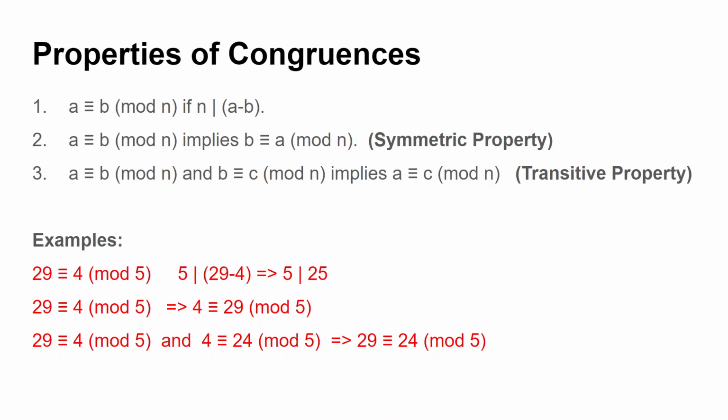For the symmetric property, 29 is congruent to 4 mod 5 implies that 4 is congruent to 29 modulo 5. Then an example for the transitive property: 29 is congruent to 4 modulo 5 and 4 is congruent to 24 modulo 5. This implies that 29 is congruent to 24 modulo 5.